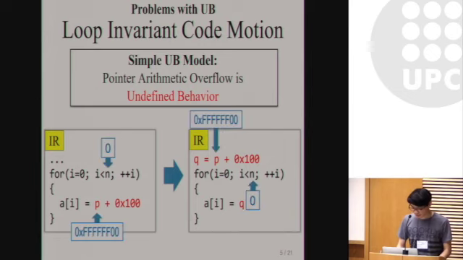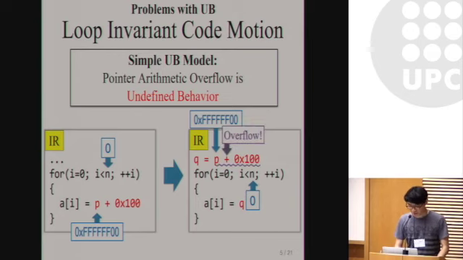To see this, suppose n is 0 and P is a large number. In the source, nothing happens because n is 0 and thus the loop does not iterate. However, in the target, pointer arithmetic overflow happens before starting the loop. Thus, the target program produces undefined behavior.